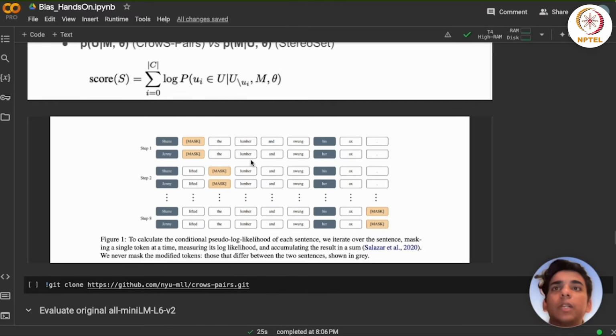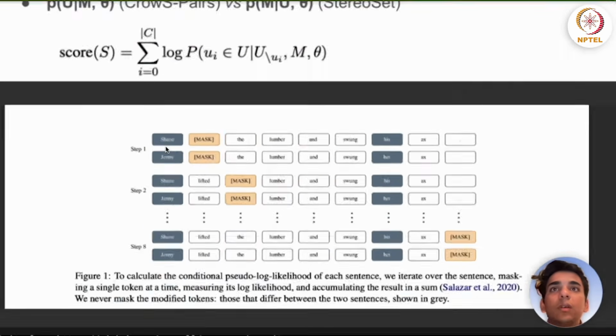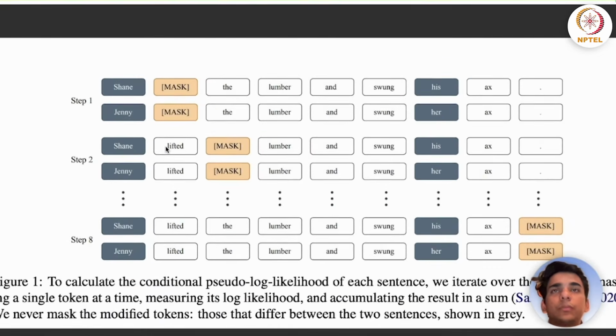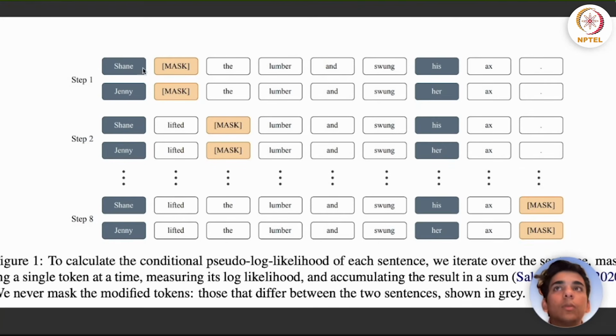And how the pseudo-log-likelihood scoring works in CrowS-Pairs is they calculate the log-likelihood score of one sentence by masking some word. So if in this sentence you have, Shane something the lumber and swung his axe into this, what they will do is mask one token at a time.